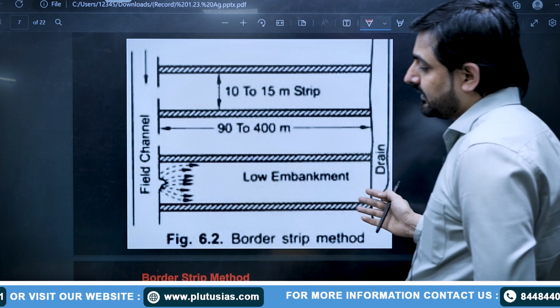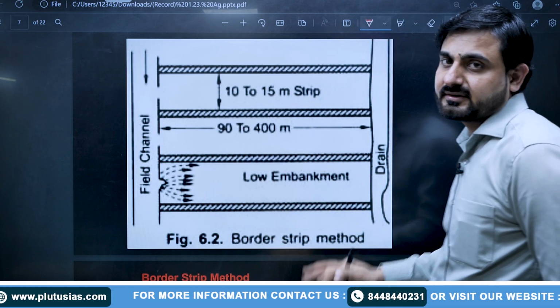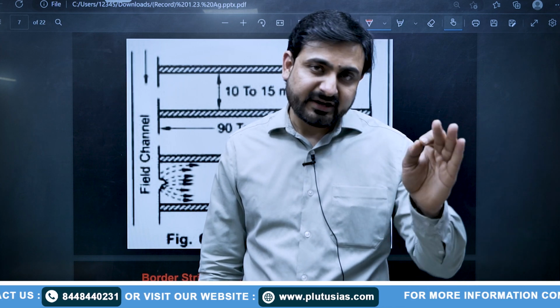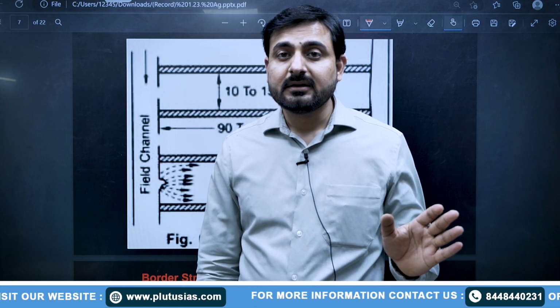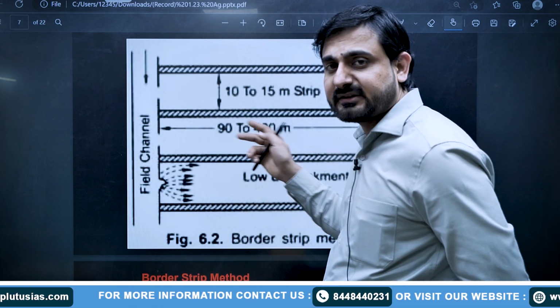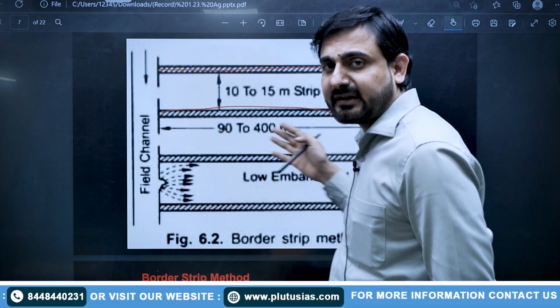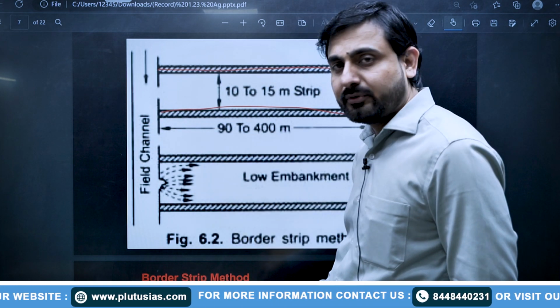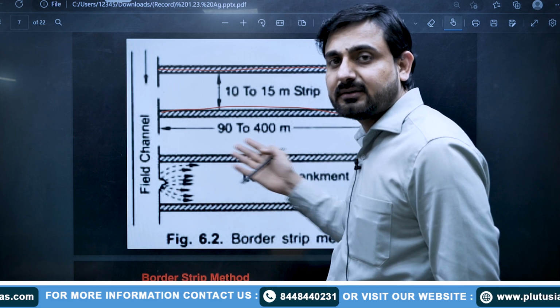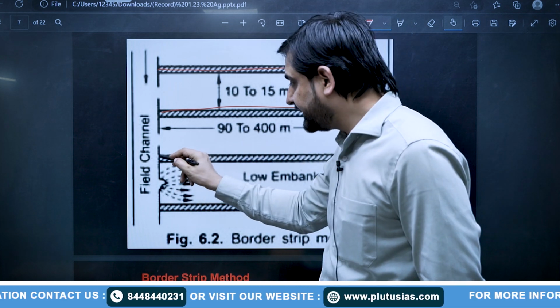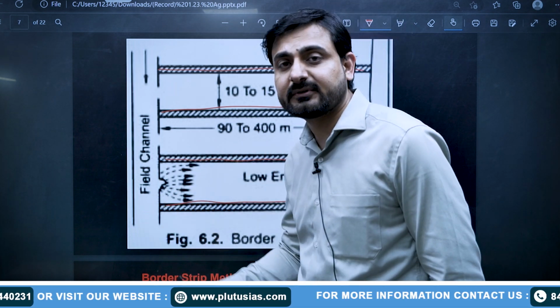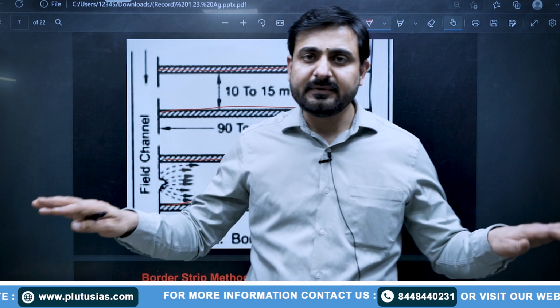Okay. Now, this is the border strip method. The border strip method is very similar to the check basins method. Border strip method means here, horizontally in the form of rectangles around the boundary, we make elongated strips, meaning your entire field is divided into multiple strips.